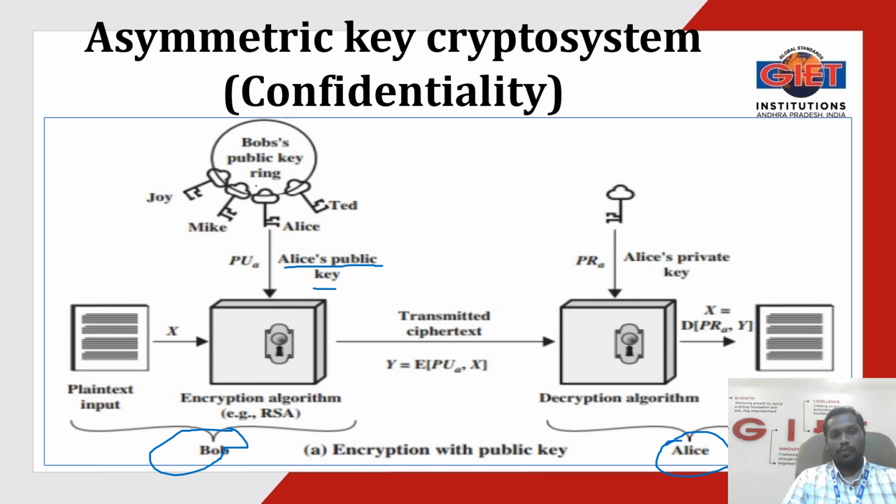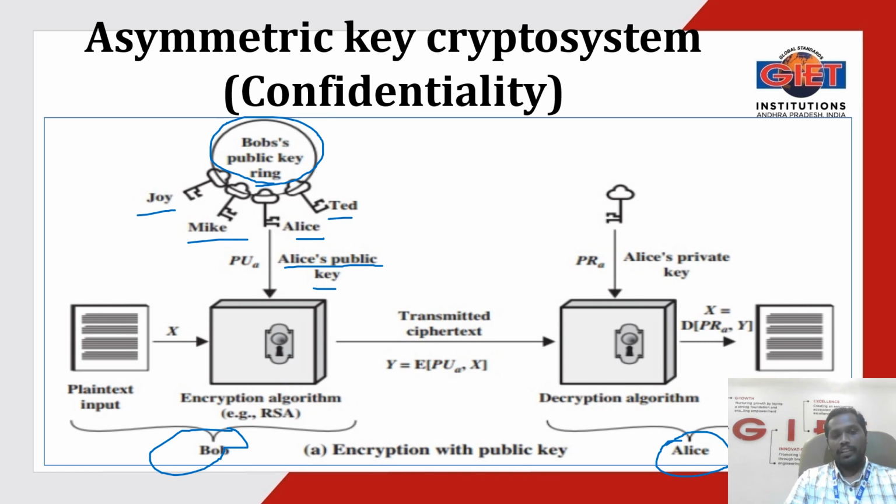This is what we call the public key ring, where the public keys of all other users in the network are kept, from which Bob can make use of Alice's, Ted's, Mike's or Joy's. All these are users in the network, but since he is interested in sending a secure message to Alice, he is going to use Alice's public key at the encryption or sender side.